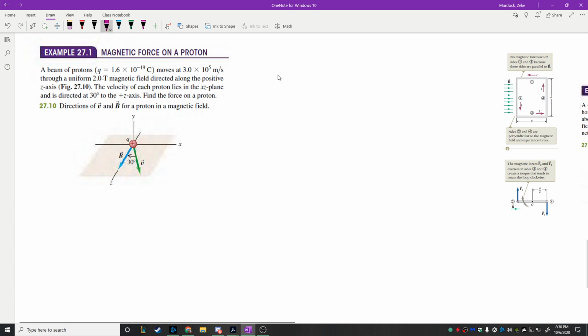And for this, I'll write down the formula again. The formula was F equal to Q times V cross B, or the magnitude of the force is equal to QVB sine of the angle.